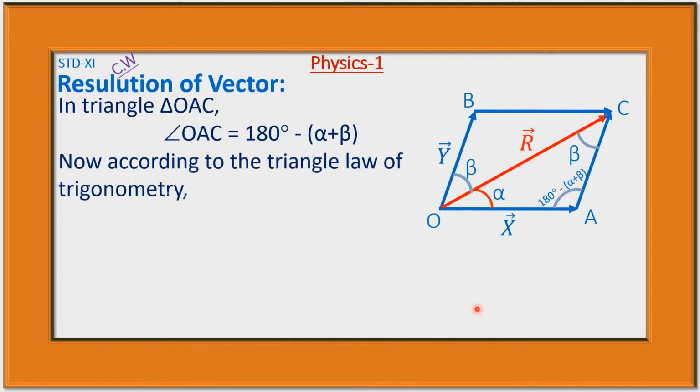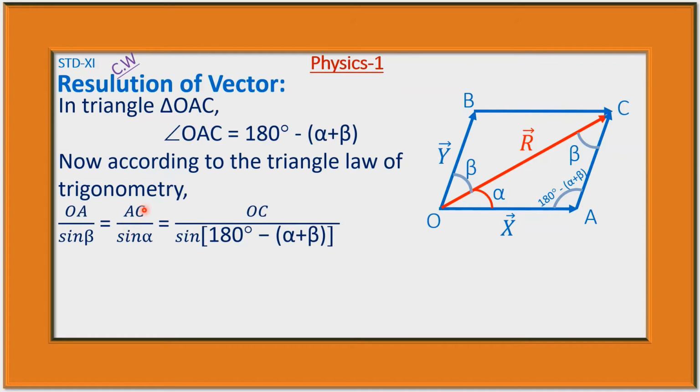Now according to the triangle law of trigonometry, OA divided by sin beta is equal to AC divided by sin alpha is equal to OC divided by sin(180 degrees minus (alpha plus beta)). Here OA divided by sin beta, because the opposite angle of OA side is beta.